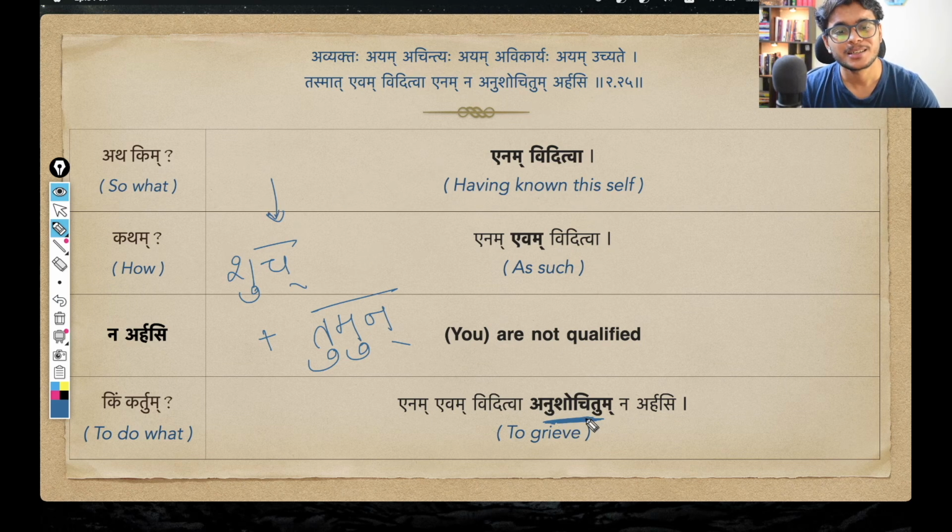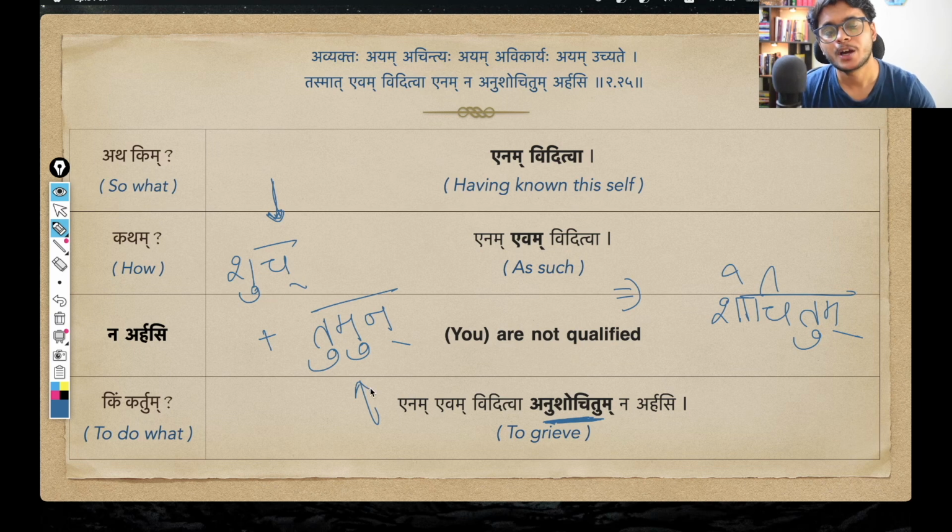Since this is a kridanta, the dhatu is being modified by some krit pratyay. The pratyay here is tumun pratyay, and we know we use tumun pratyay when we want to convey the meaning to do the action, for doing the action. So shuch dhatu, when modified by tumun pratyay, gives us the kridanta shochitum. Since here it is anushochitum, we already know that anu is the upsarga, the prefix, and this anu prefix gives the feeling of the action being done repeatedly, continuously.